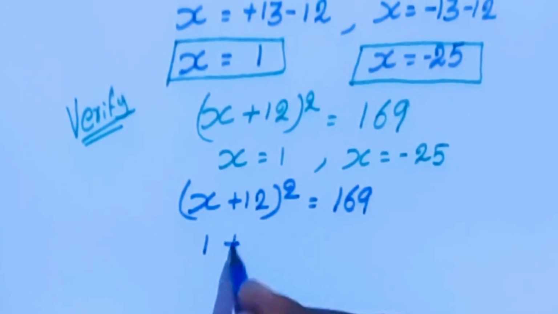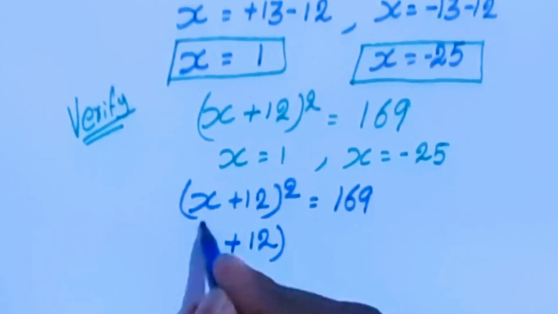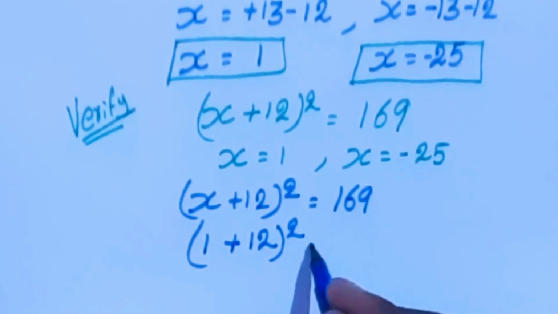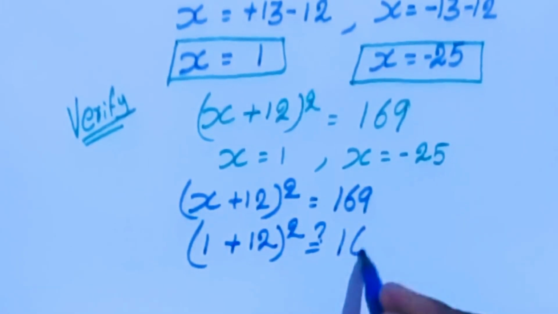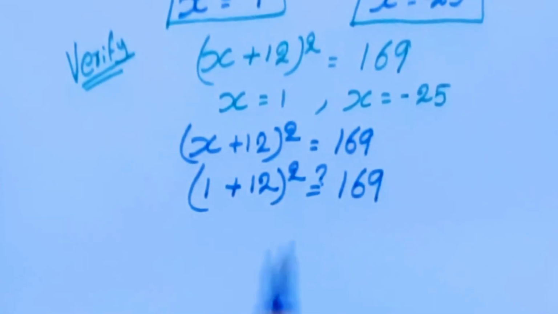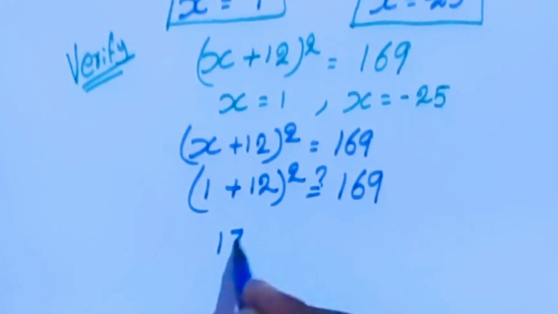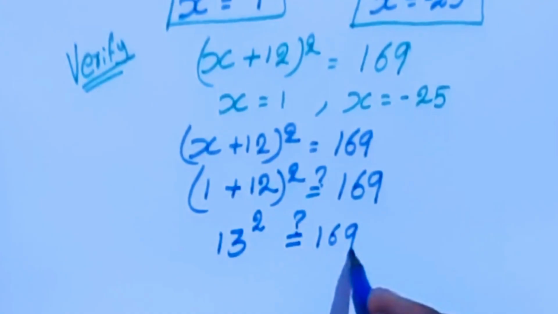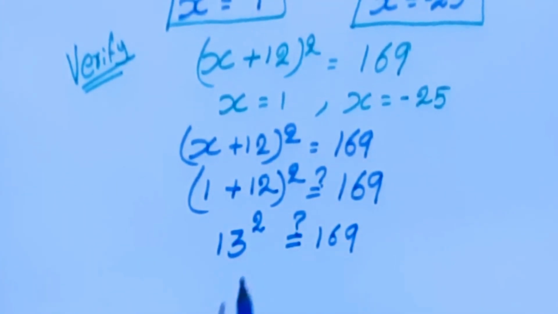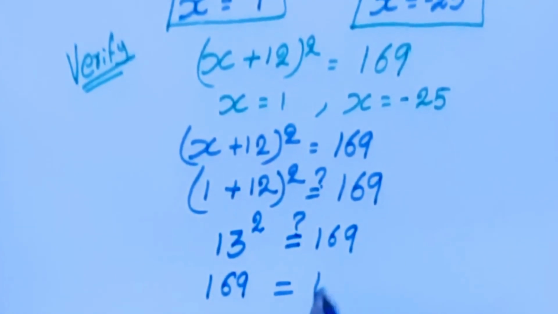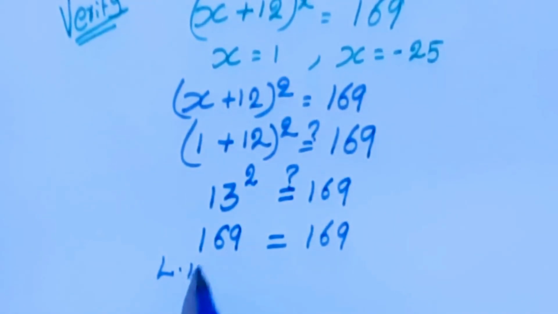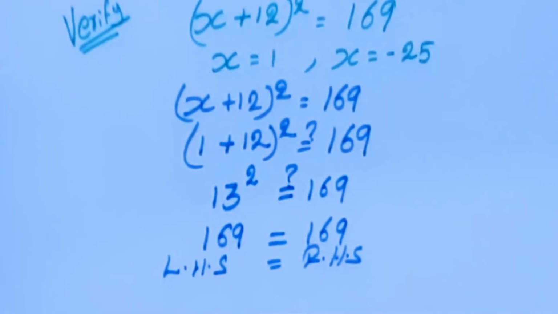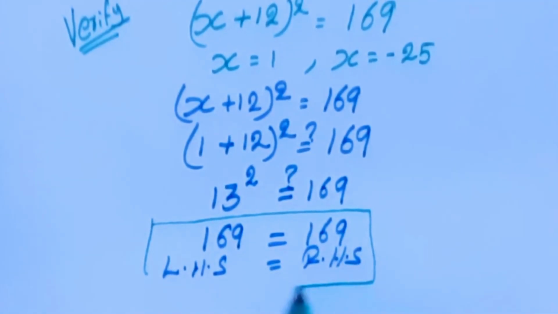So (1 + 12)² = 169. Now 1 + 12 is 13, 13² = 169. Here 13² is 169, equal to 169. So LHS equals RHS. Here this is verified.